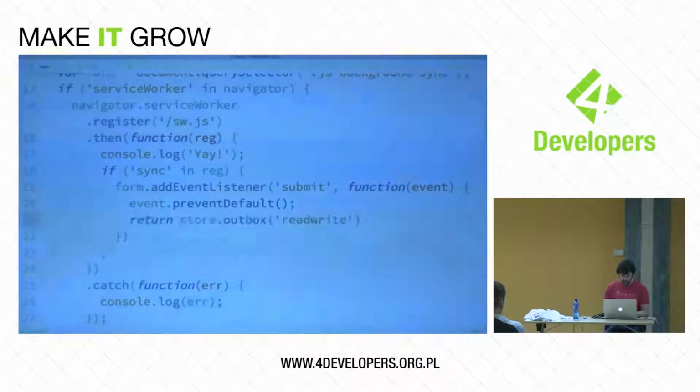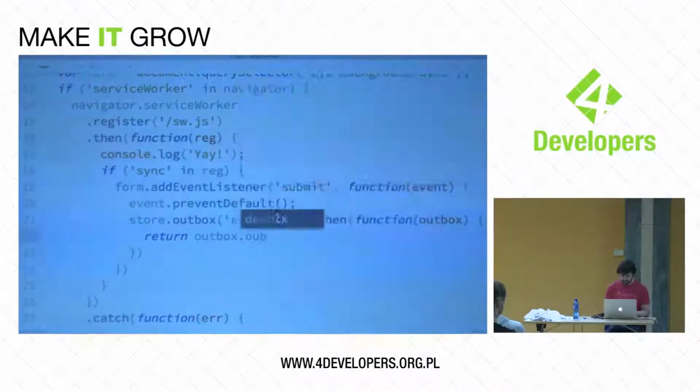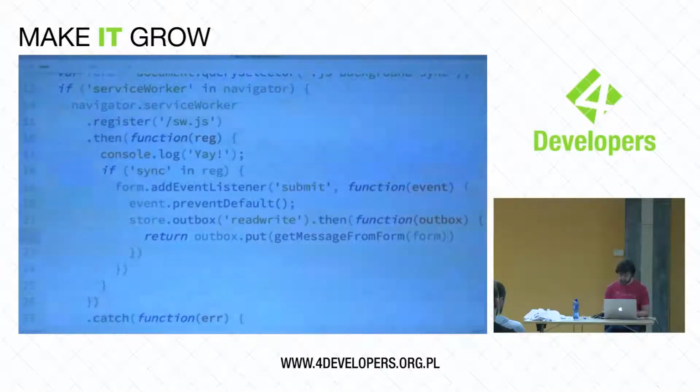That is a promise, so we're going to then on that right away. And at this point, we get access to our outbox. So with our outbox, we just want to put the message inside of it. Makes sense. This is just a simple IndexedDB call. And I have that method from above, get message from form, which just returns an object with the two fields in it.